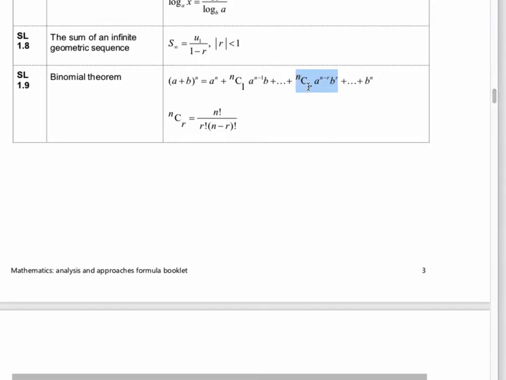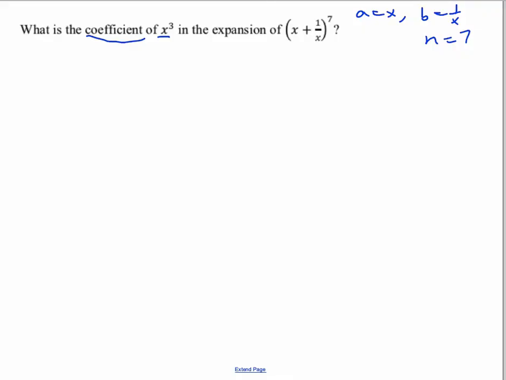Okay, instead of n choose r, nCr, I'm going to use this notation, which means the same thing. N choose r, same as nCr, and you use the formula in the same way. So the general term is n choose r, a to the power of n minus r, b to the power of r.